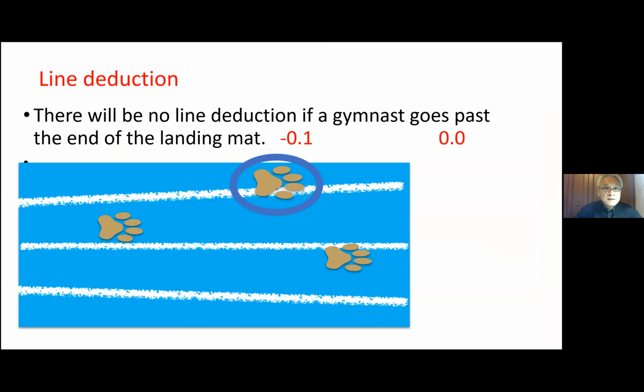About line deduction, there will be no line deduction if a gymnast goes past the end of the landing mat. This green circle, it's a normal deduction. And what's the blender? Red.